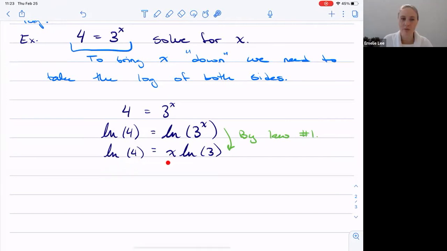I'm so close though, right? So here, x is just multiplying the log of 3. So if I have to solve for x, I will be doing a little switcheroo, right? I like to have what I'm solving for on the left-hand side, but then I'm also dividing both sides by the log of 3, right?